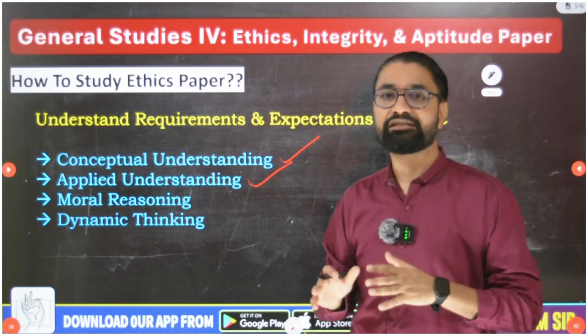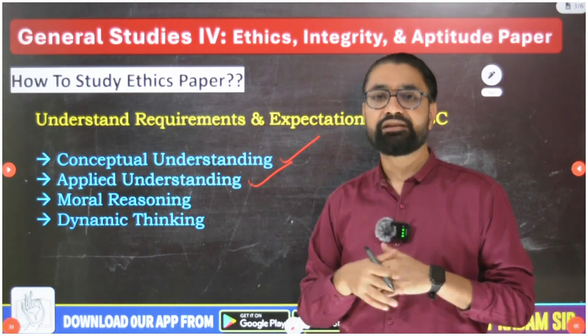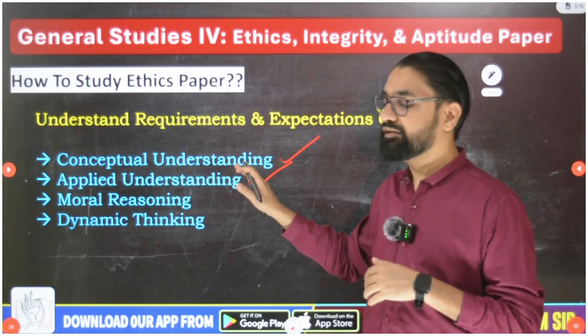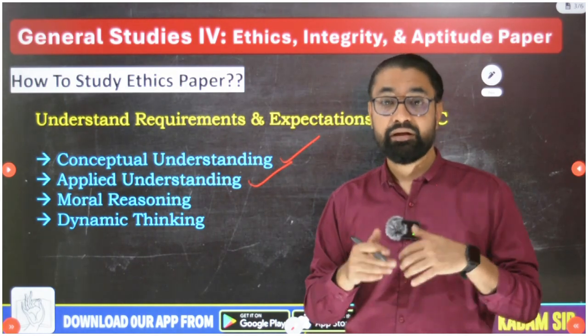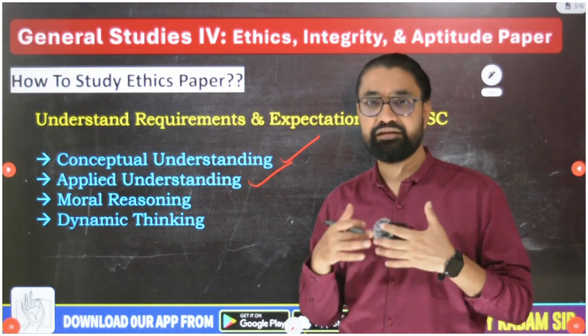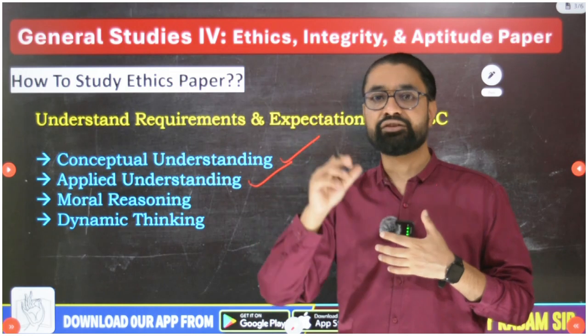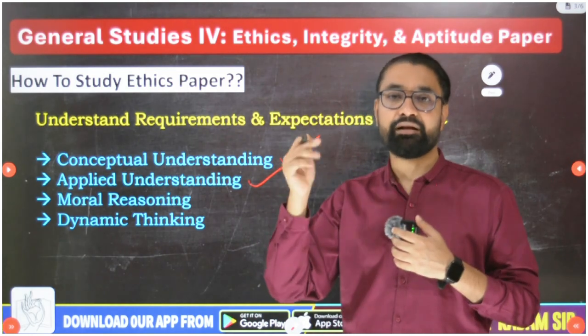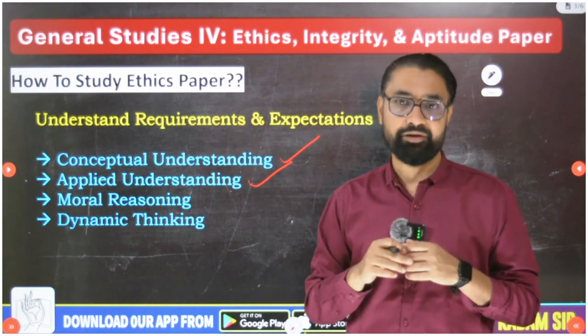Half of the paper, or more than half, is case study, and that's why applied understanding is important. That's why in my introductory lectures, when I discussed the syllabus, I added these 2 words: conceptual and applied understanding of the ethics paper.